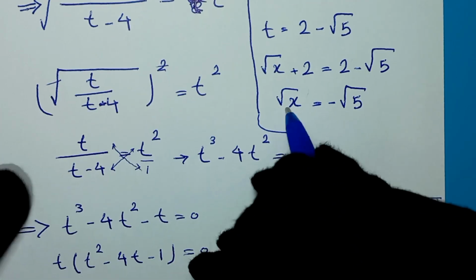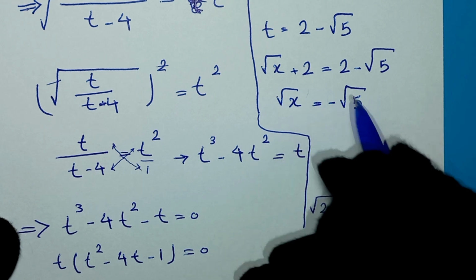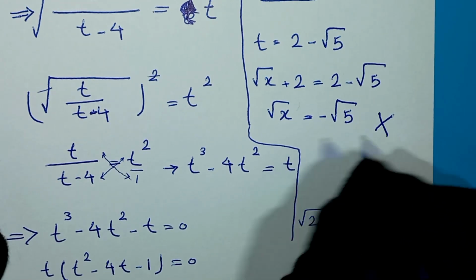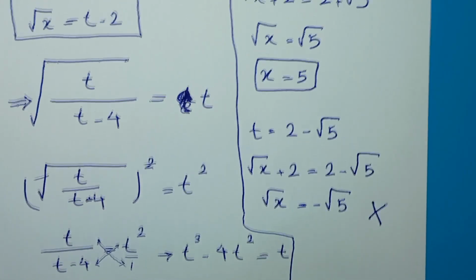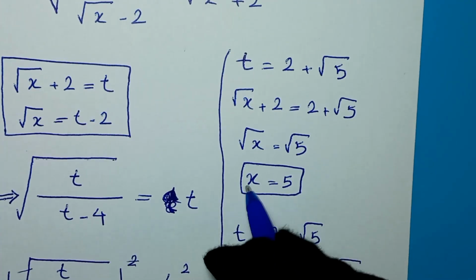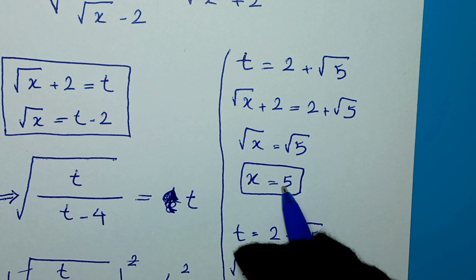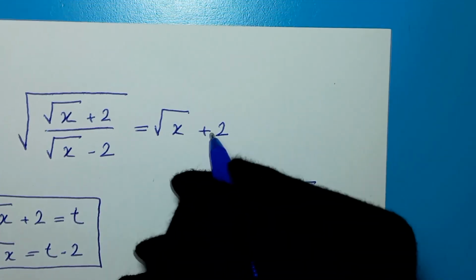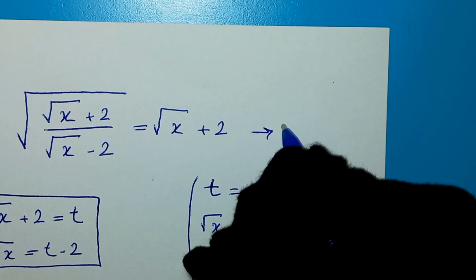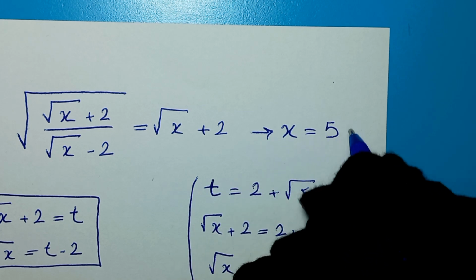And in here, this is positive and this is negative, so this will be refused. So our answer for x in here is x is equal to 5, and this is our final answer. So we write in here, x is equal to 5.